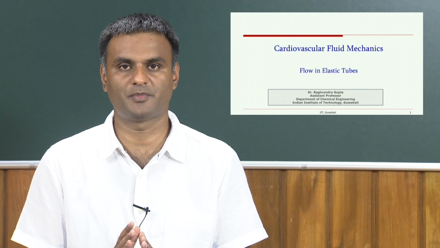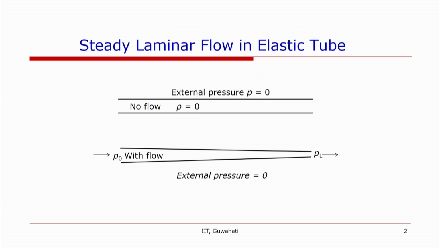In this lecture, we will consider two cases. The first one is where the flow is steady, which means the flow does not change with time. A special case of this for fully developed flow is pulsatile flow, but that is flow in a rigid tube.